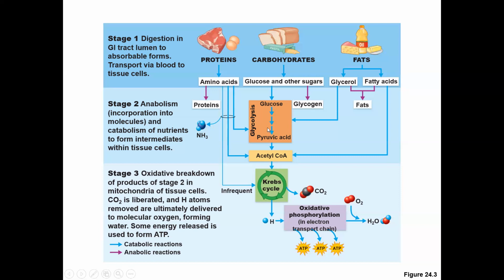The end result of glycolysis is a substance known as pyruvic acid. And pyruvic acid can enter the mitochondria. We go into the third step, where we actually release lots of energy. We have something called the Krebs Cycle and the electron transport chain, where we get a big payoff on energy. Lots and lots of ATPs get formed.